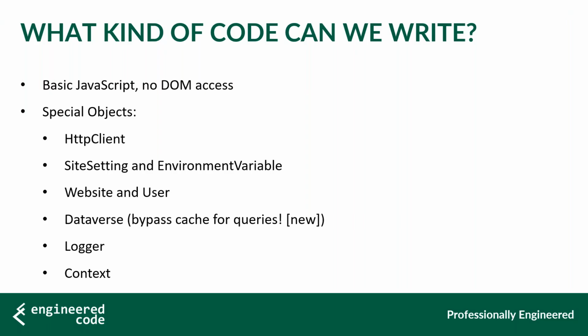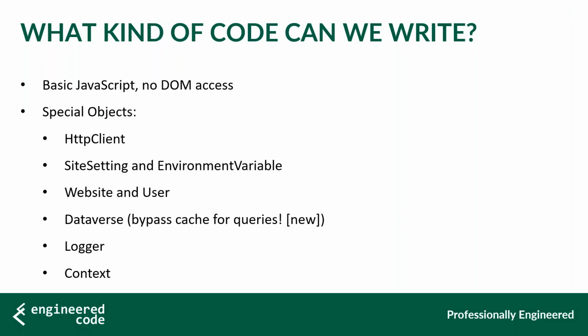There's a Dataverse object, which allows you to query Dataverse. So you can create data, you can query data, you can delete data, you can edit data, all that sort of stuff. A couple of special things that you can do in Dataverse via server logic: one of them is you can actually execute bound functions, which I don't think you can do in the web API.